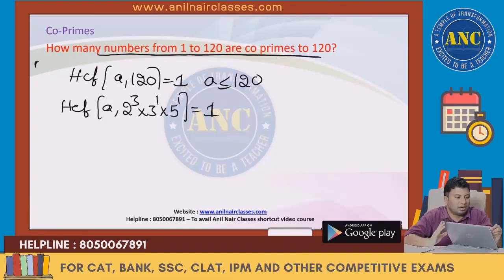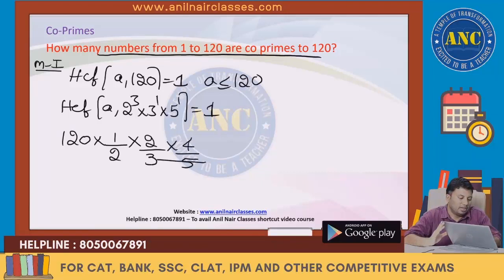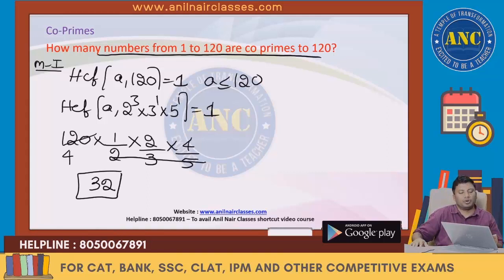This is method 1. I will tell you method 2: 120 into 1 minus 1 by 2, 1 minus 1 by 3, 1 minus 1 by 5. 6 5s are 30, 30 4s are 4, 4 4s are 16, 16 2s are 32.